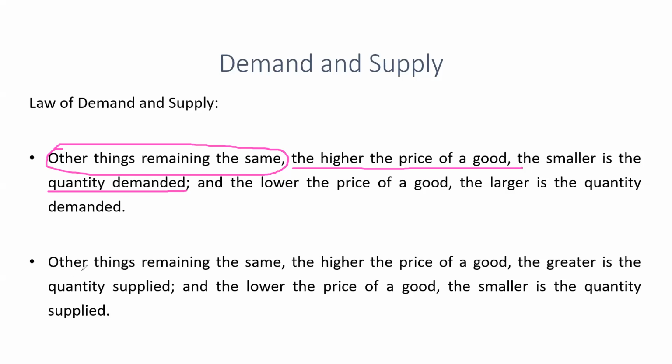That means, again, you have other things remaining the same, and we're going to talk about quantity supplied, not just supply. So what's the definition? Other things remaining the same, the higher the price of a good, the greater is the quantity supplied, and the lower the price of the good, the smaller is the quantity supplied. So that is the law of demand and supply.